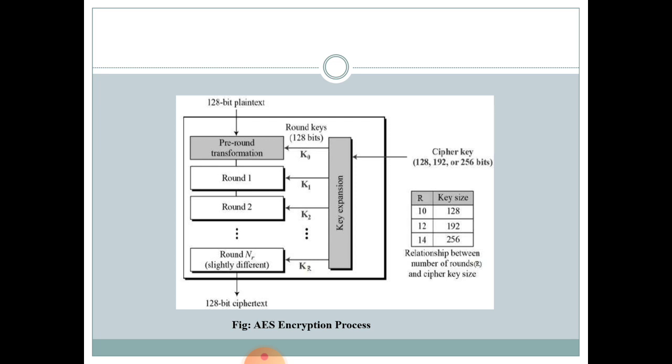This key is of 128 bits. Now we perform round 1 to round n. This number of rounds will depend on the size of the key. For each round, the key generated is unique, which is generated from a key expansion or key generation algorithm.